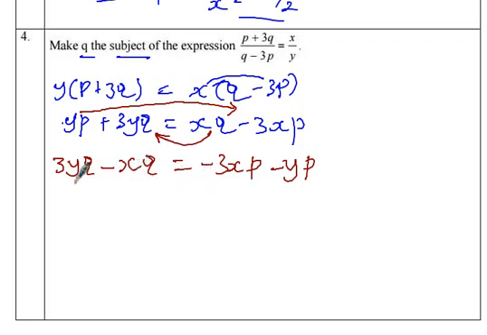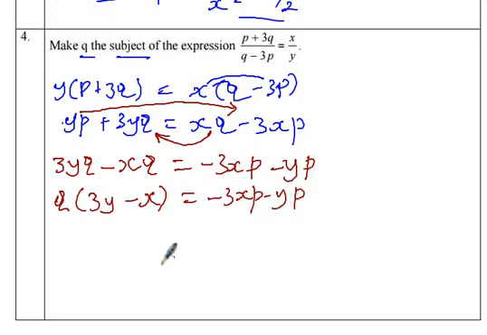Good. Now that we have the terms with q on one side, we can factorize. Q is common, so I can write q, I open brackets, I have 3y minus x. When I multiply this by this, I go back to this. This is equal to, I do not need to worry about this side because these terms can stay the way they are.